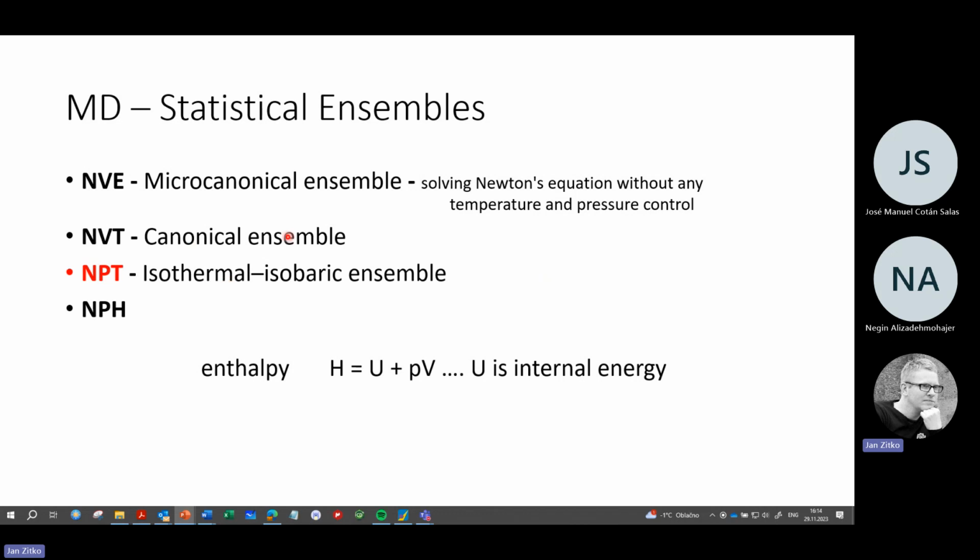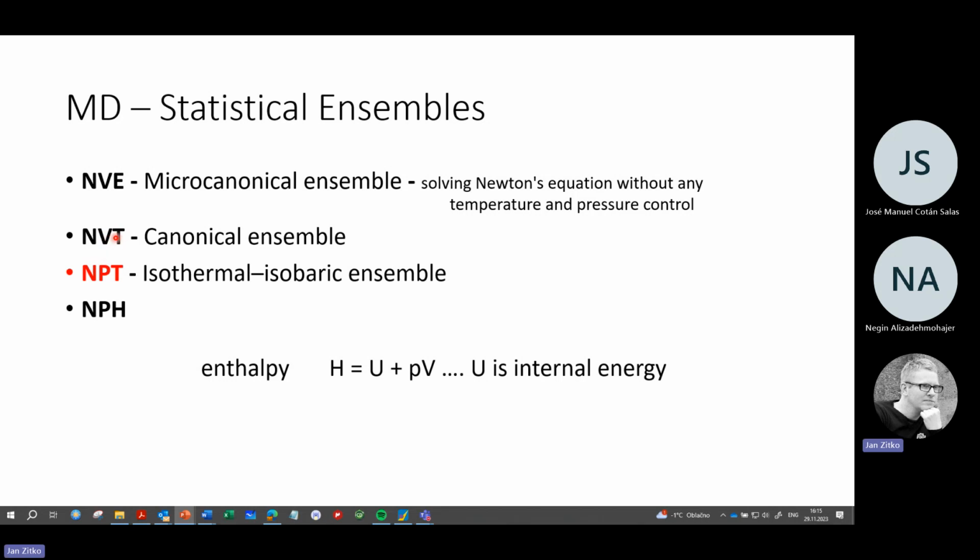But there are some simplified ensembles. For example, NVT. N is always controlled, always fixed, because you cannot change the number of particles in your system. It has to be the same. In NVT we control the number of particles, the volume of the box, and the temperature.